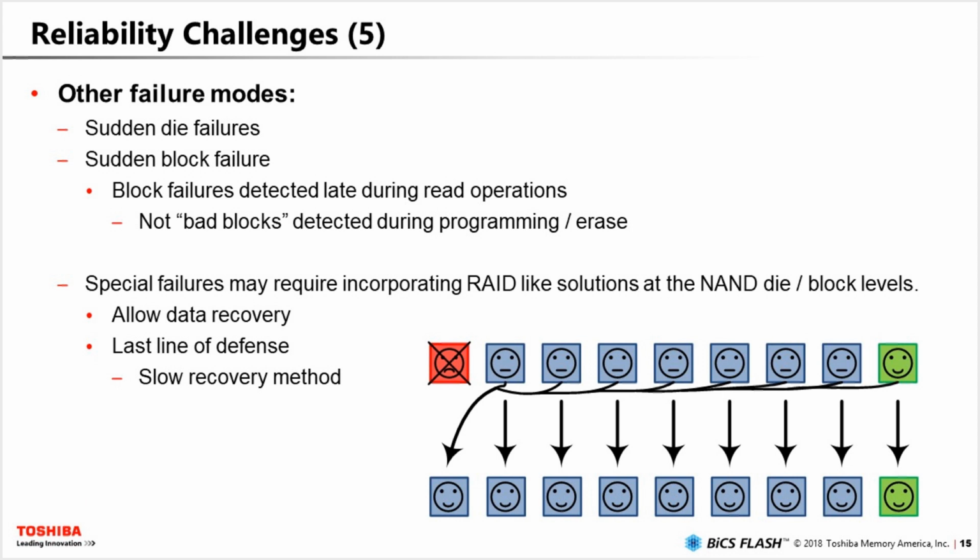You usually detect those bad blocks because you get a bad erase operation response or a bad programming operation. Or you can decide the block is not worth working with because you see that the bit rate starts increasing. However, there are some cases where you suddenly discover you have a bad block when you're trying to read the block, a catastrophic failure that you have not expected or not detected.